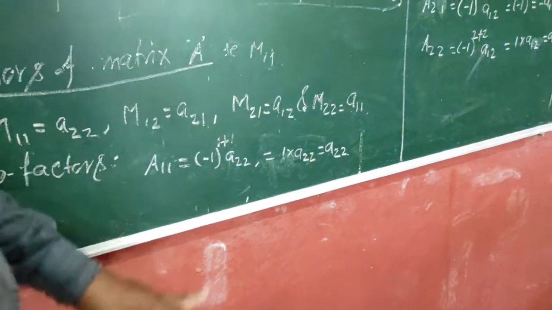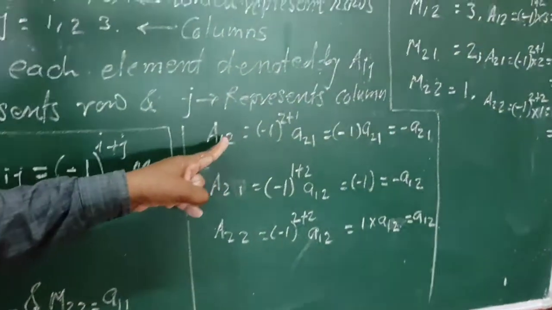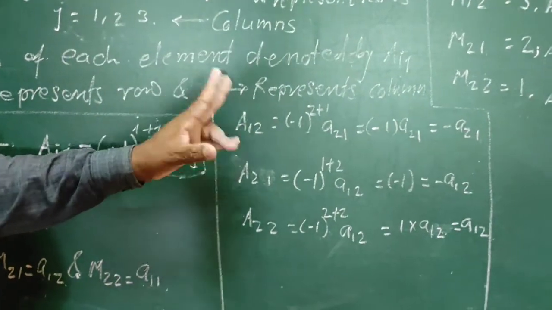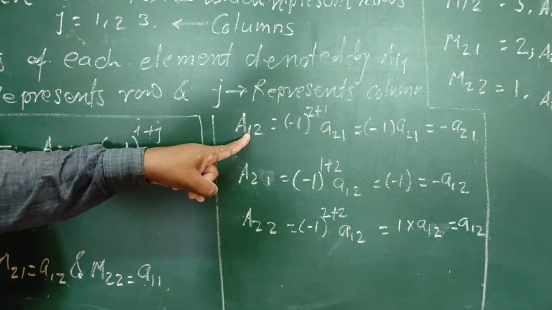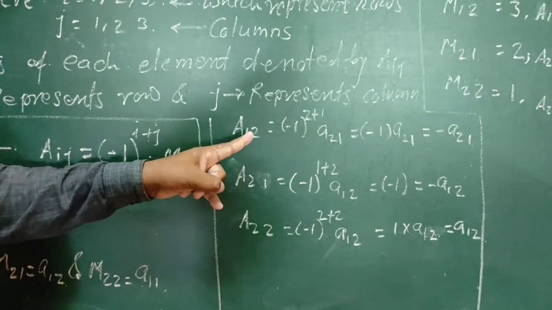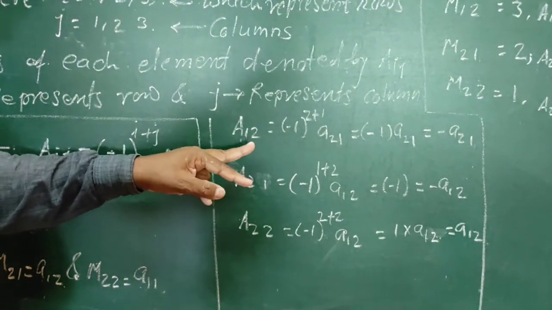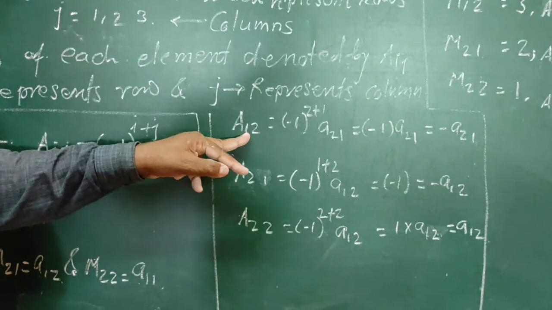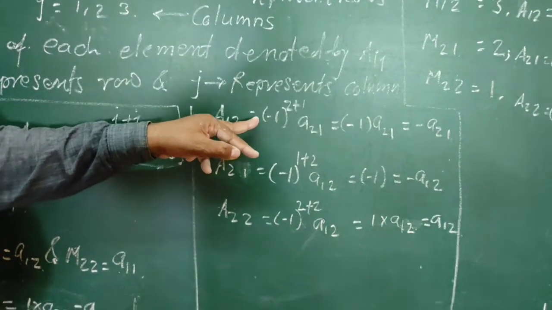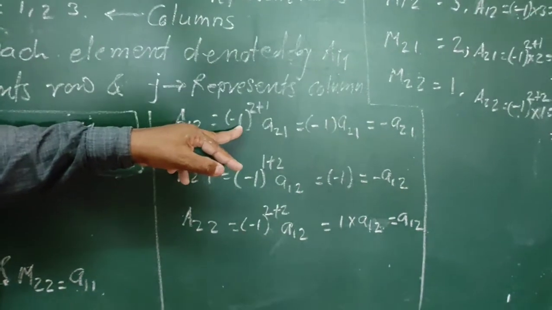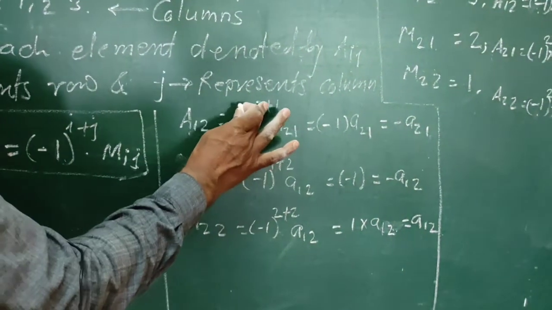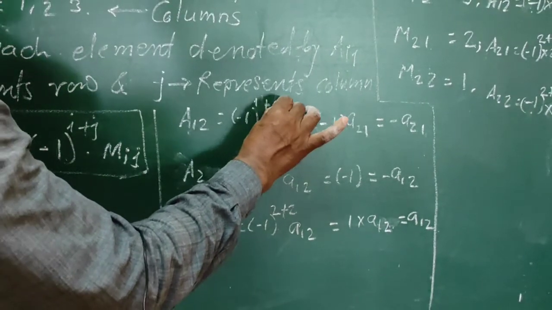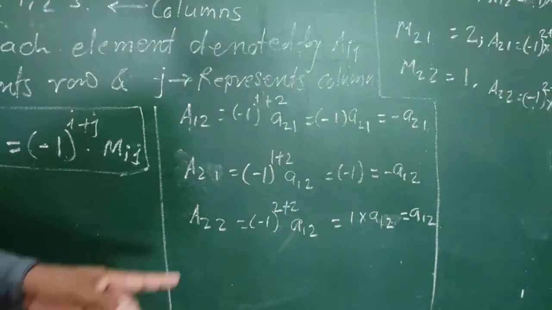Now we come to the cofactor of the second element. What will be the cofactor of the second element? First of all, determine in which row and which column the element exists. It is in the first row and second column. Therefore according to the formula, minus 1 raised to the power 1 plus 2.